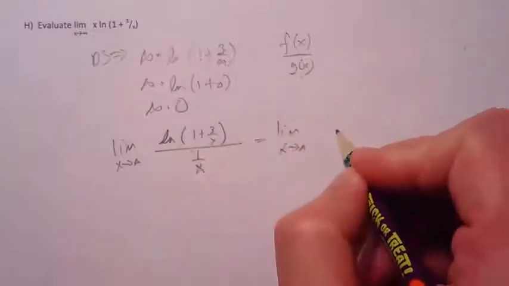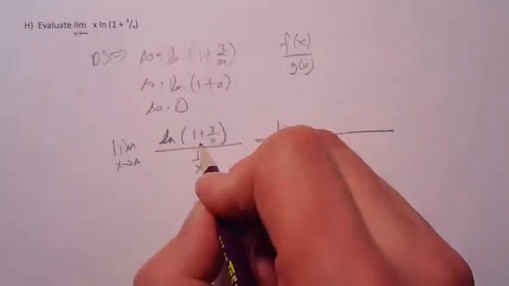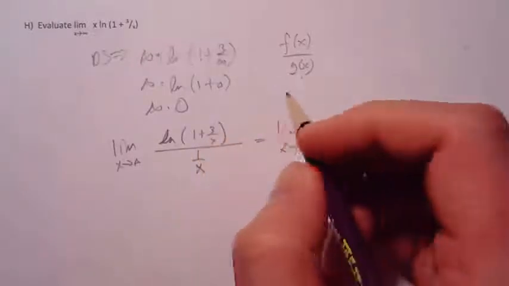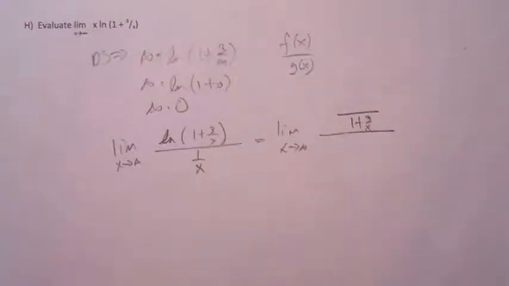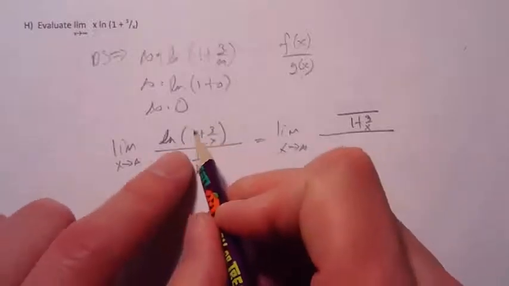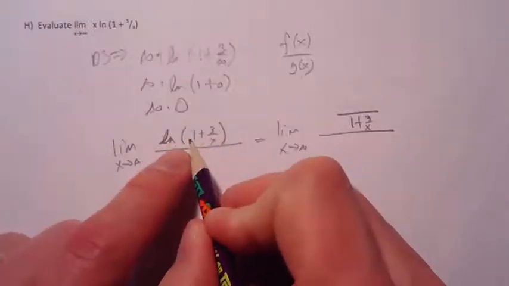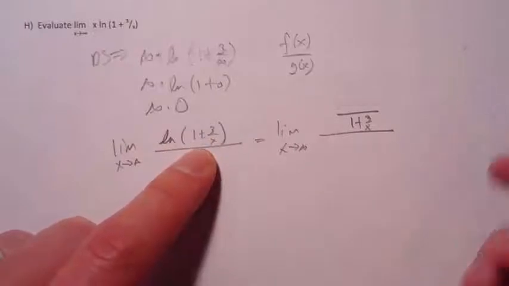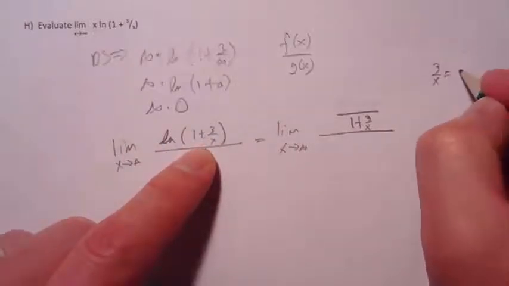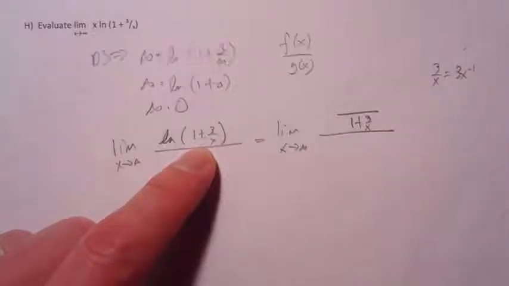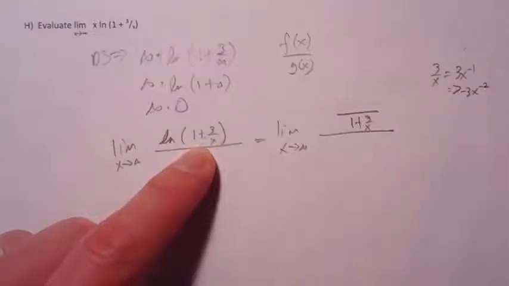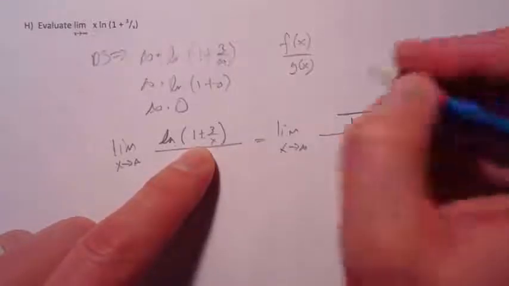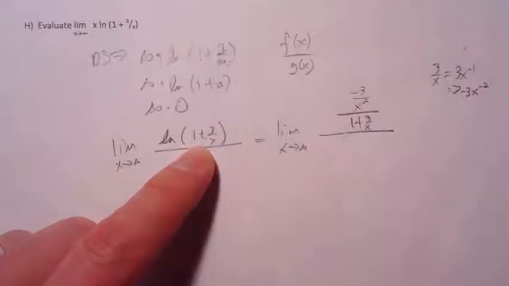So I'm going to do the derivative of the top. The derivative of natural log of a quantity is the derivative of the quantity over the original quantity. So the derivative of 1 plus 3 over x is going to be 0 plus something. The derivative of 3 over x, which by the way could be called 3x to the negative first, would be negative 3x to the negative 2, or negative 3 over x squared, the same thing.